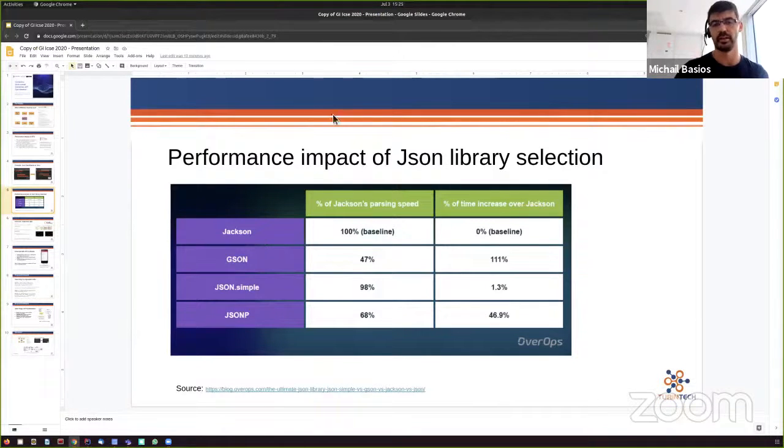In some experiments that we did, but also in quite a lot of blogs and research papers, the previous version of the Jackson library was considered bigger. That's also the power of GI. Usually developers, when they write their code and choose those libraries, choose them based on the generic usage of those libraries.